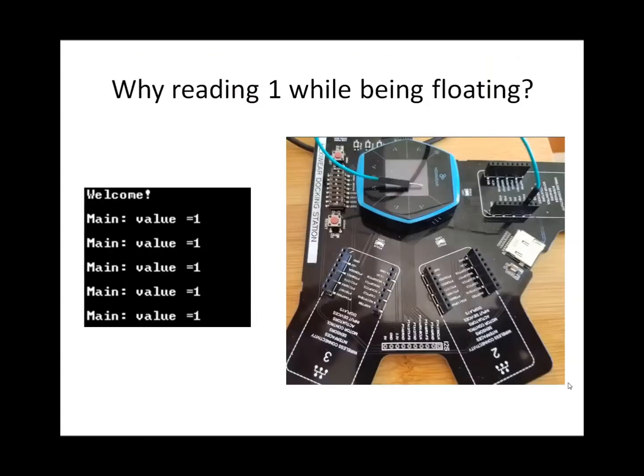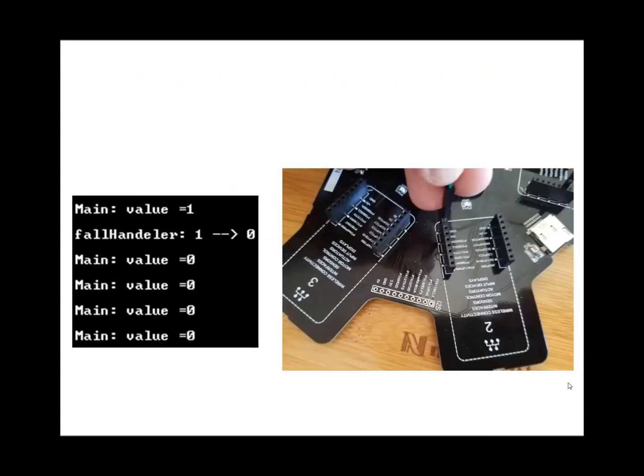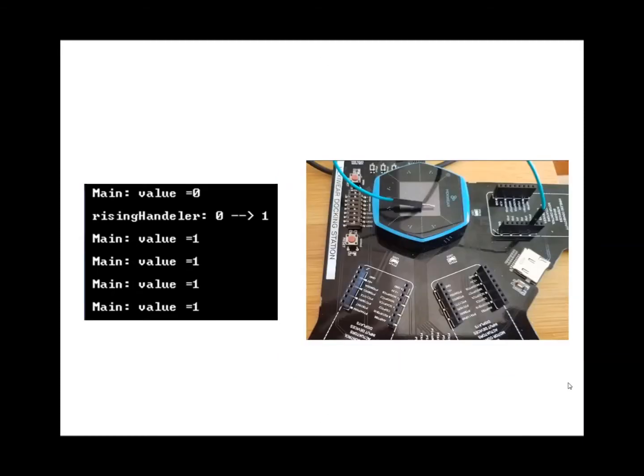This is what happens. Okay, so it's fine. And now why is it 0? It's connected to the ground. Now let's do the other way around. It's connected to the ground, and I will remove it. It's now rising. So again, the rising edge works.